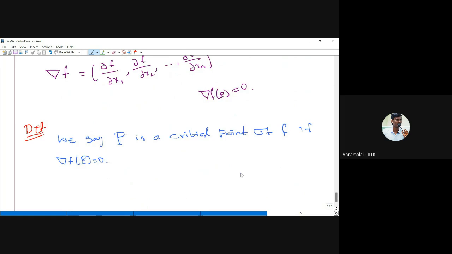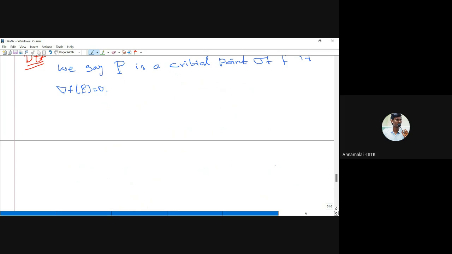Now maybe we can solve some problems to find the critical points. How to find a critical point? This point is also an n-tuple, so the critical point is an n-tuple; P is maybe some (P1, P2, ..., Pn).